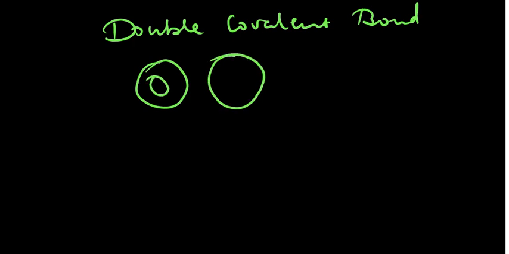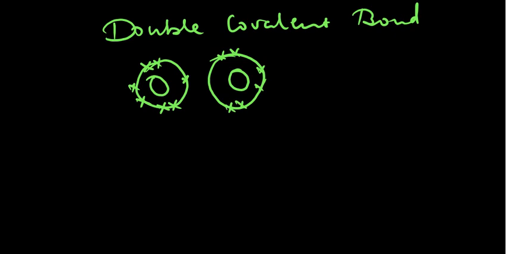For instance, oxygen and another oxygen. We know that oxygen has 6 electrons in its outer shell.